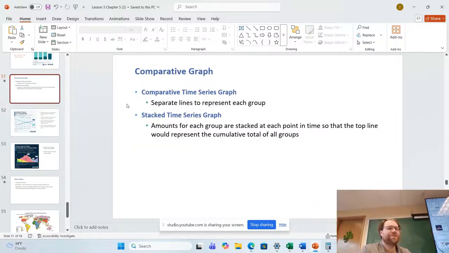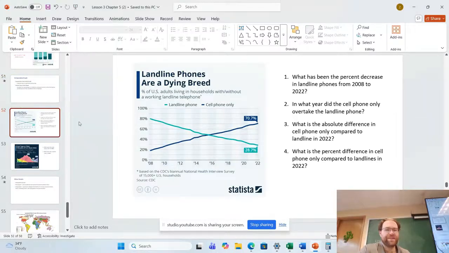And we could have some other types of comparative graphs, whether through lines or time series. I believe this would have been one of the last examples we looked at right before break. But essentially, percent decrease, we can get the values and then use the new minus old over old formula.